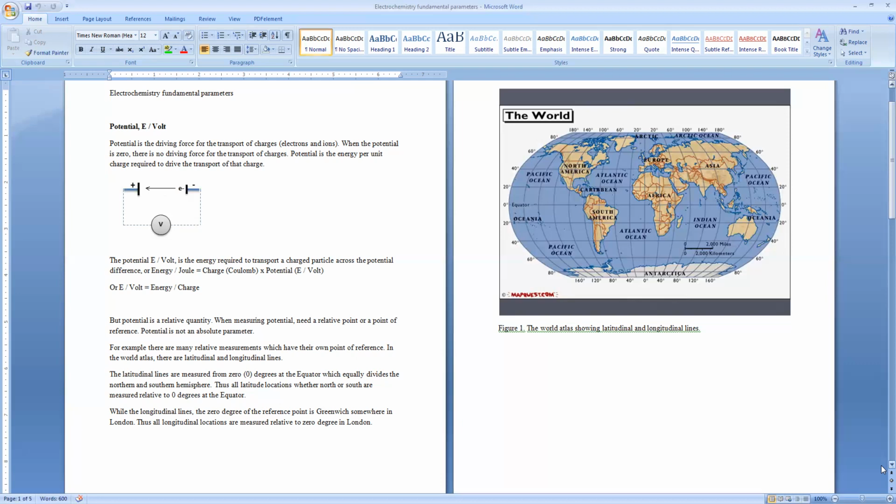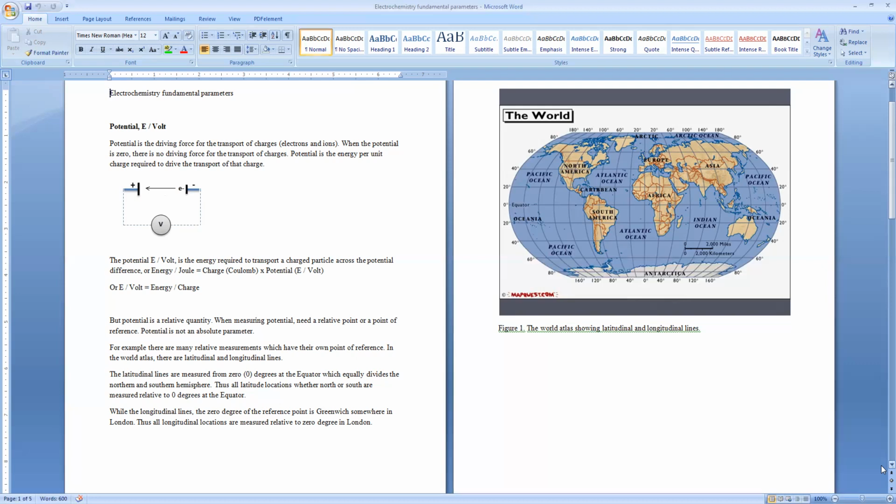The same applies to the longitudinal lines, for which we must select a point of reference. This point of reference is selected; it is not calculated or derived from an equation or a function. That point of reference for the longitudinal line is selected as a small place in the city of London.